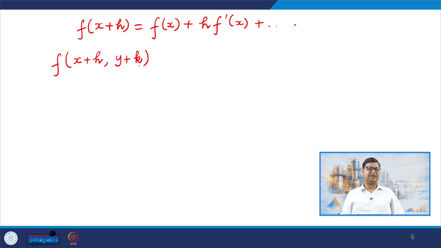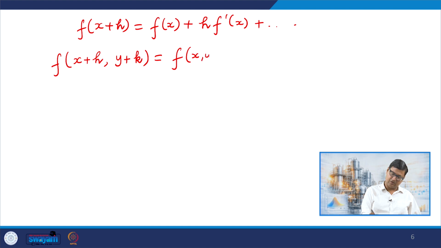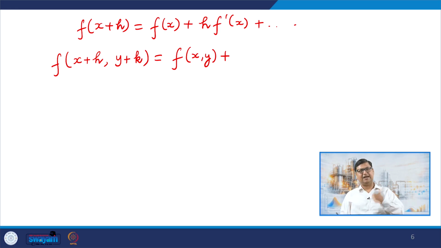So, we will have x plus h and y plus k, and that is my function value at x and y. And now we do not have a single h, we have now two steps, right, h for x and k for y. And we do not have a single derivative either, we have actually two derivatives, one with respect to x, the other with respect to y, right.